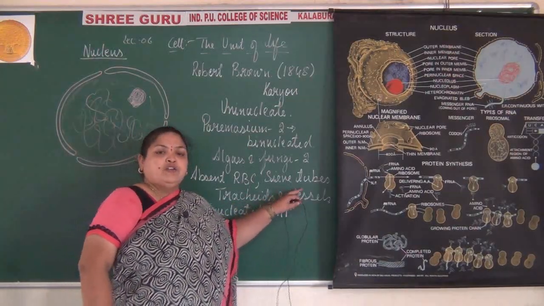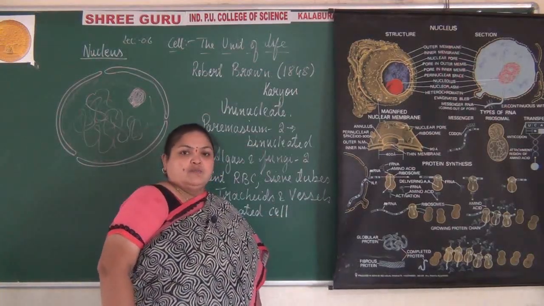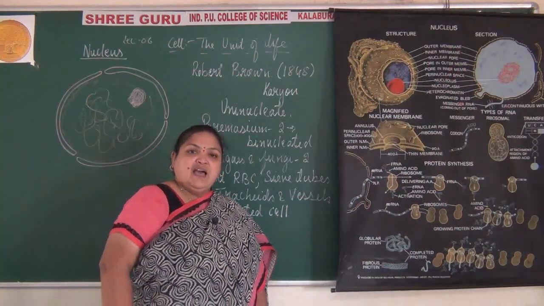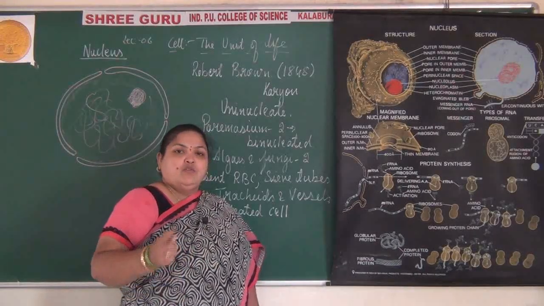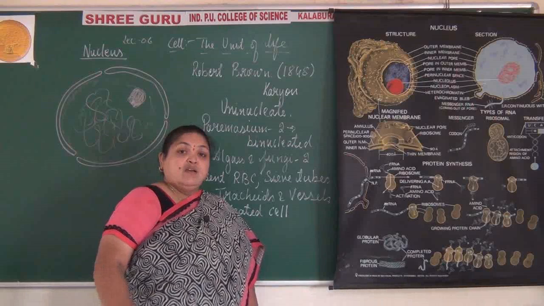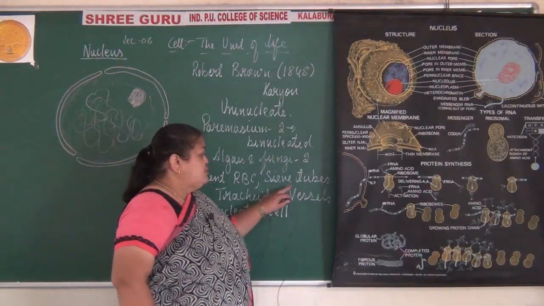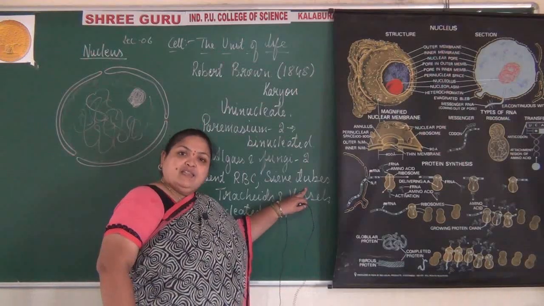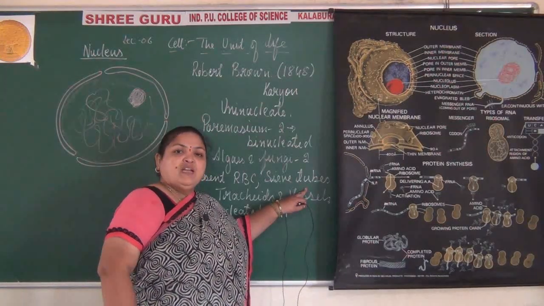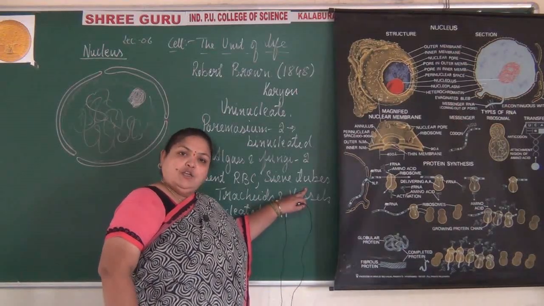Sieve tubes. Already in the anatomy part you have heard about the phloem. The phloem complex has phloem parenchyma, phloem fibers, sieve tubes and the companion cells. Companion cells have the nucleus. Here the sieve tubes in the phloem help in the conduction of food. Phloem is a food conducting tissue.